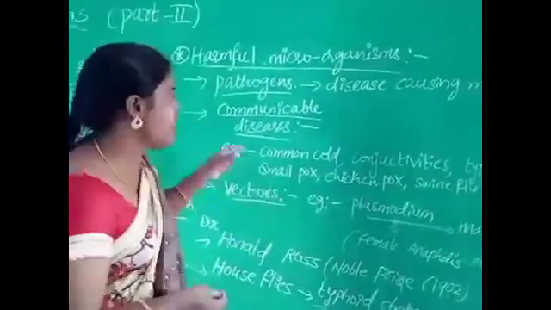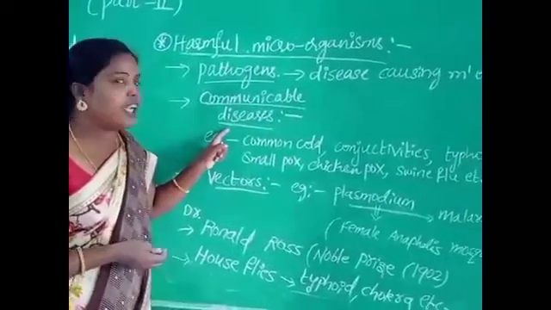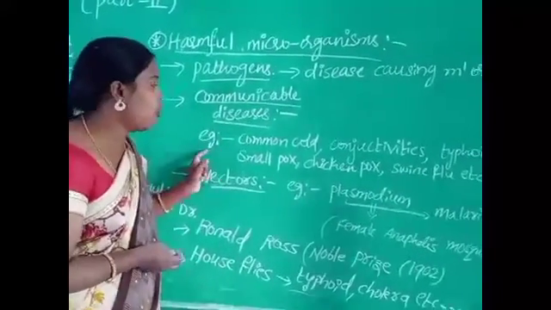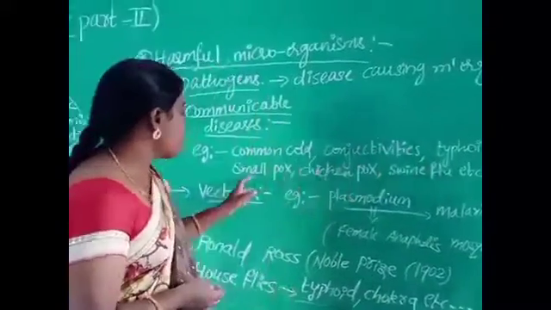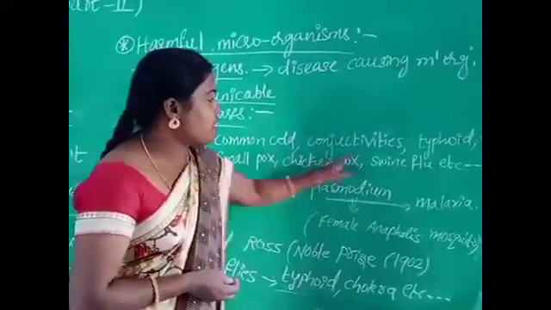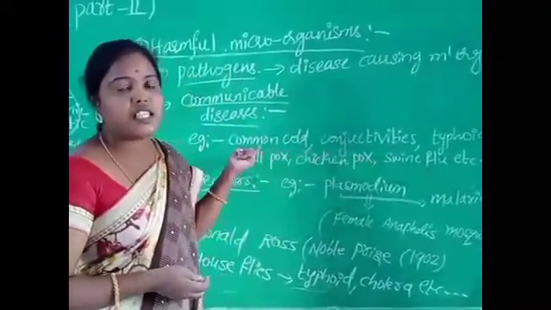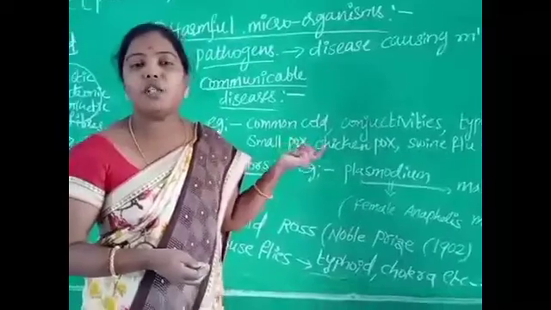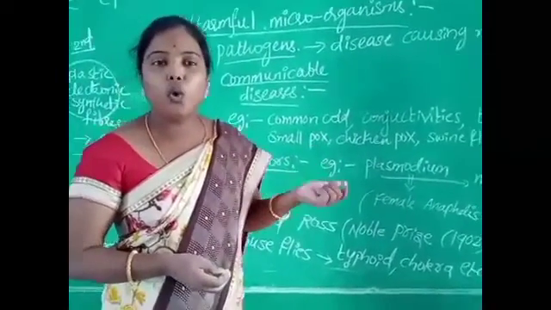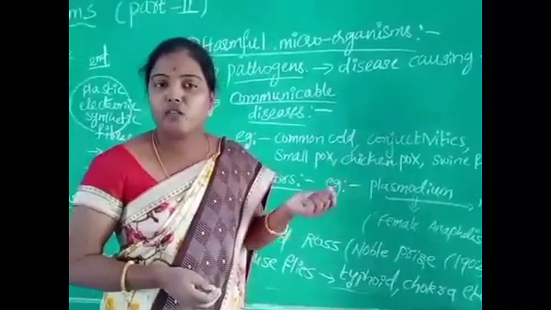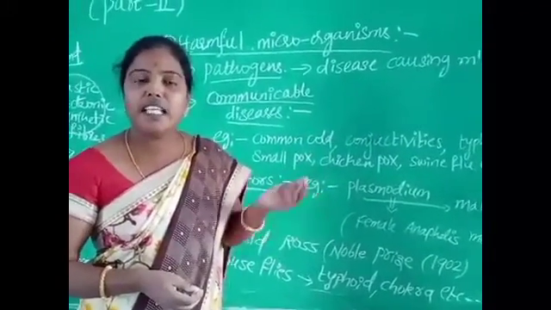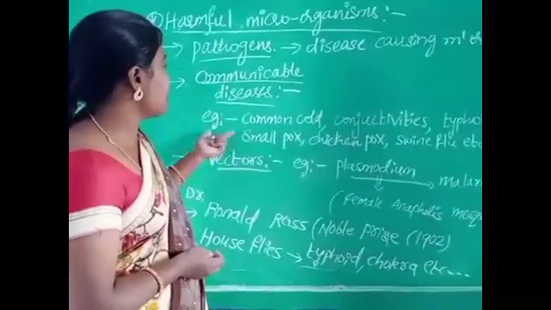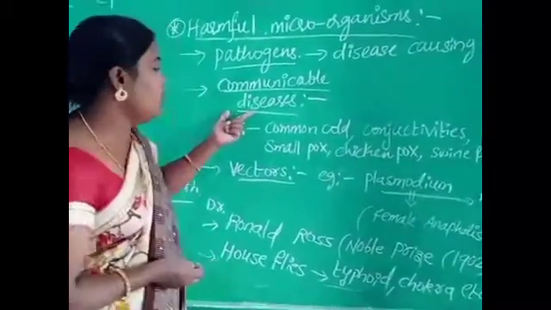For example, common cold, conjunctivitis, typhoid, smallpox, chickenpox, swine flu. These diseases are transmitted from one person to another through air, water, food, clothes, animals and insects. Such diseases are called communicable diseases.